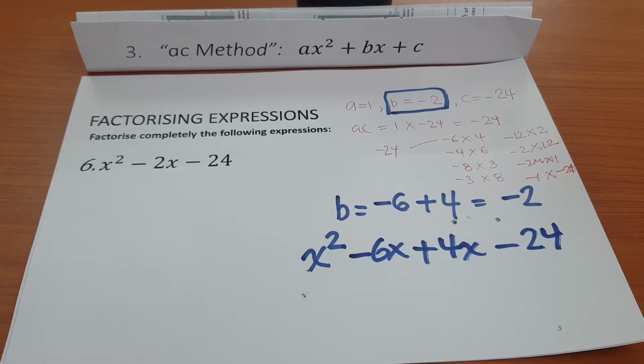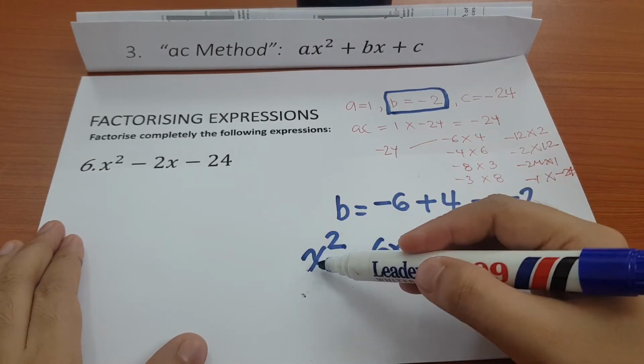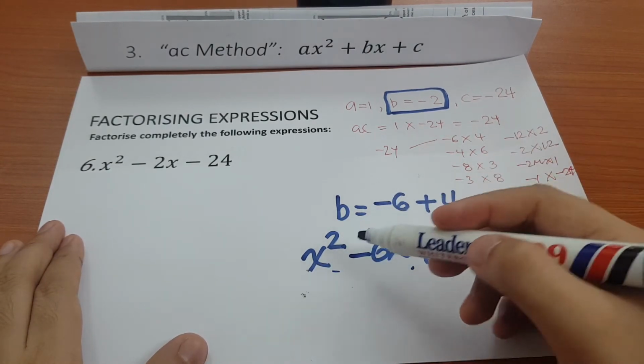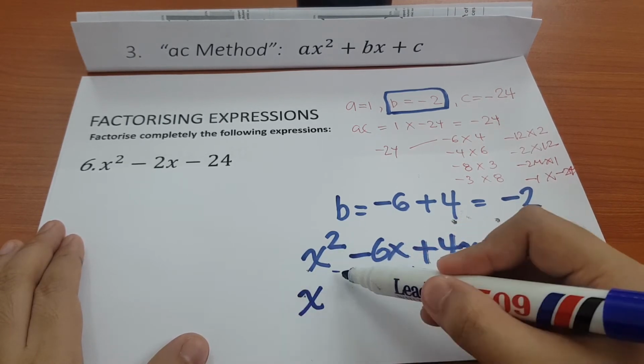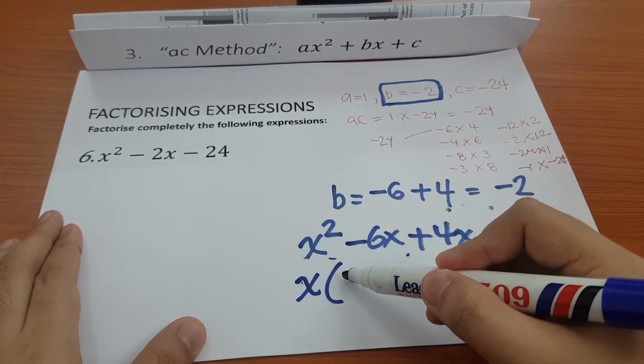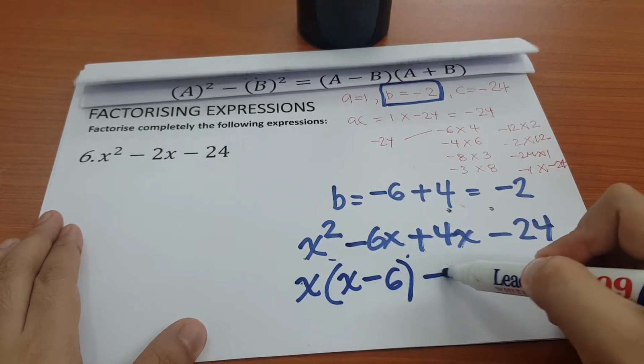We take out the common. What is the common? You divide it into two parts, this part and this part. You take the common here, which is x. So this will be remaining x minus 6.